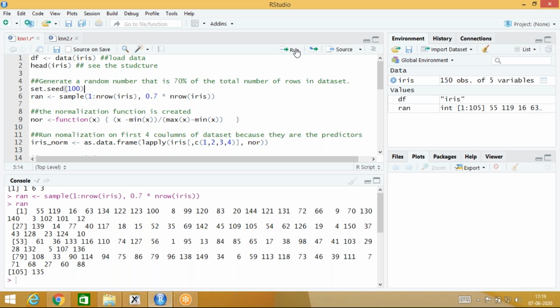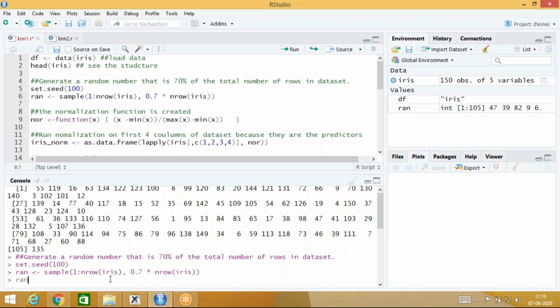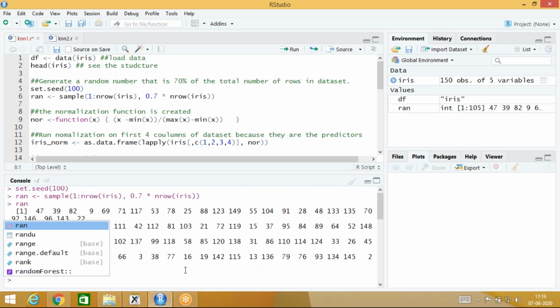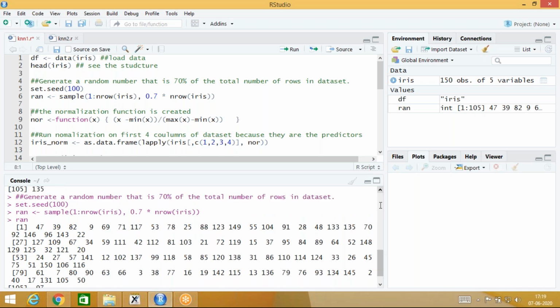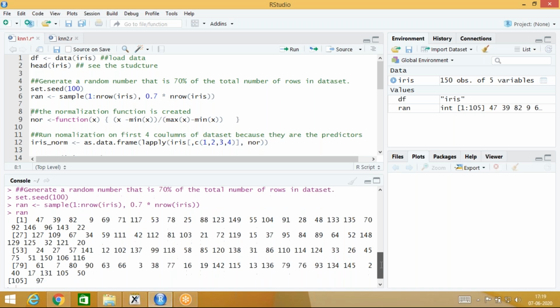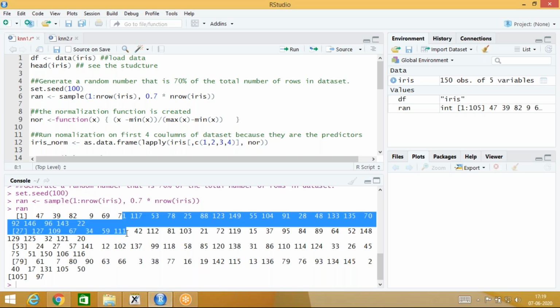Run set.seed(100), then run this line, and then check ran. If you and I have a similar kind of processor, we should get the same numbers now. Are you getting the same numbers after doing set.seed(100) and then running this? First do set.seed(100), then sample once more, and check what you got.